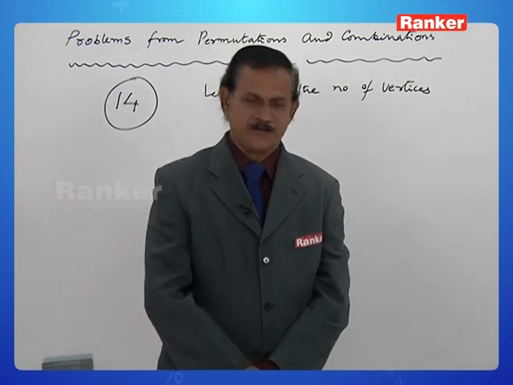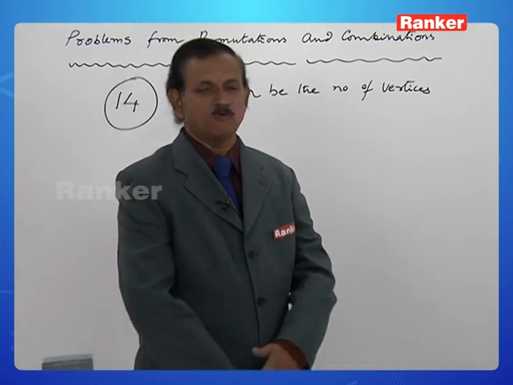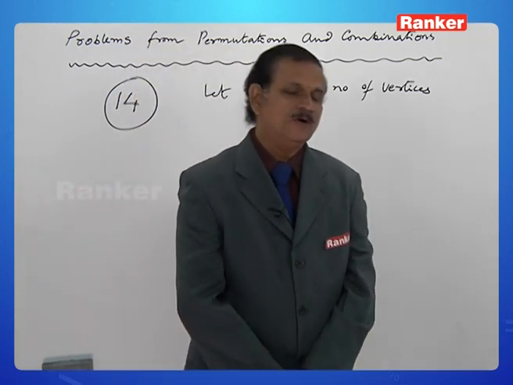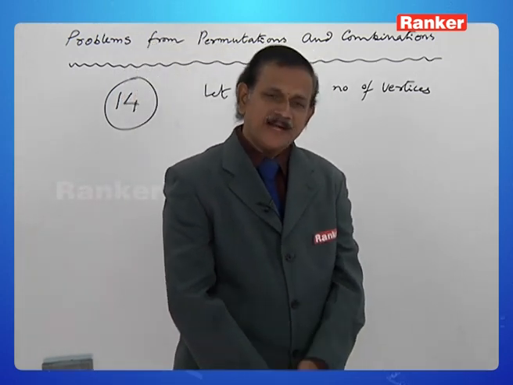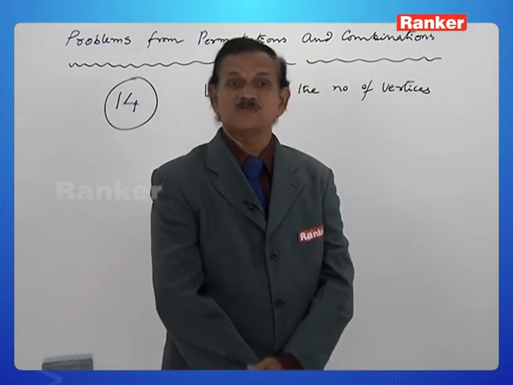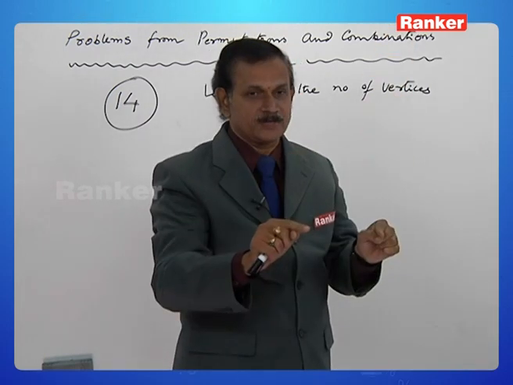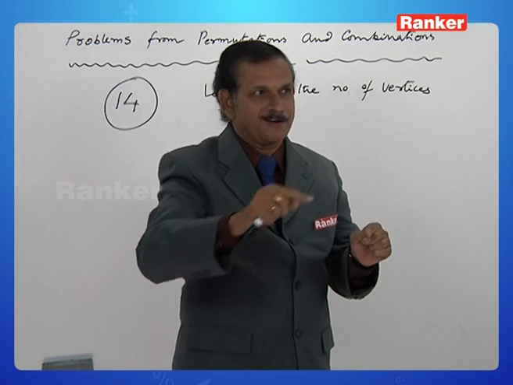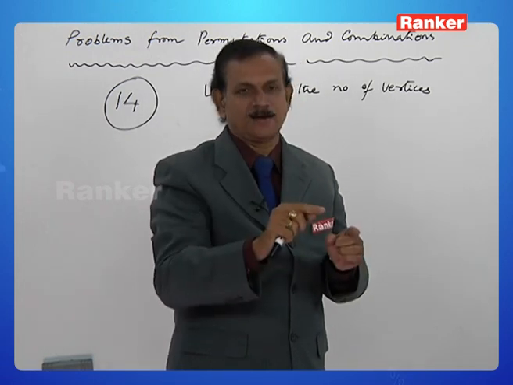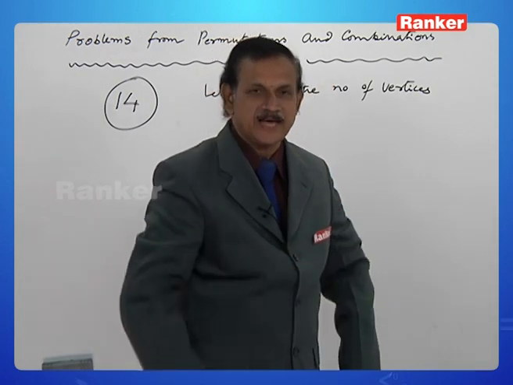Let us understand carefully. There are n vertices of the polygon, and to have a point of intersection of the diagonals, you are supposed to choose 4 vertices. If you are able to choose 4 vertices, automatically a quadrilateral will be formed, and for that quadrilateral, definitely a point of intersection of diagonals will be there.